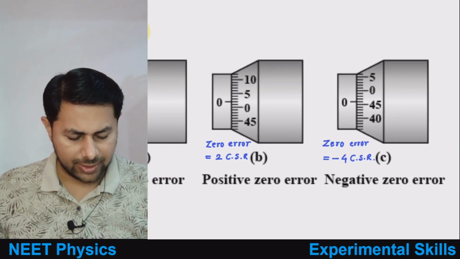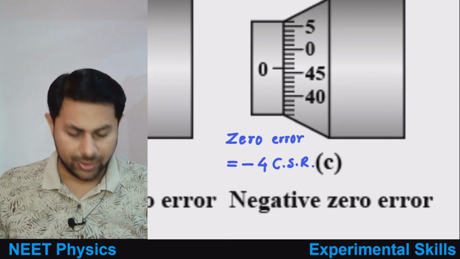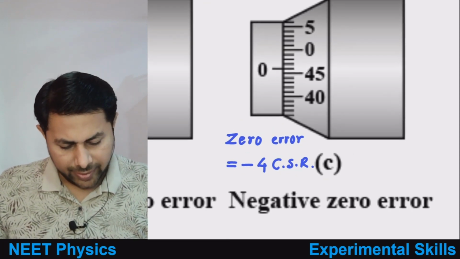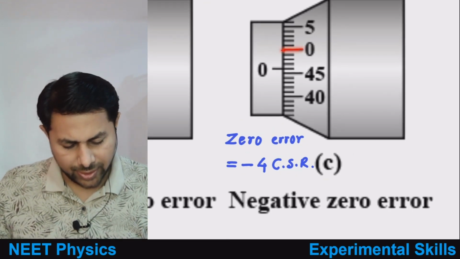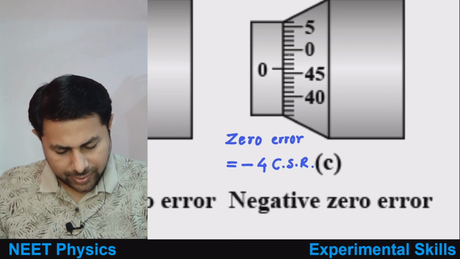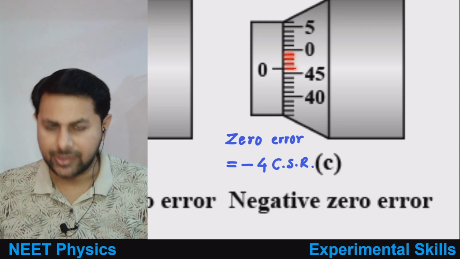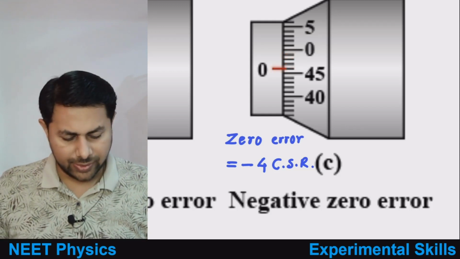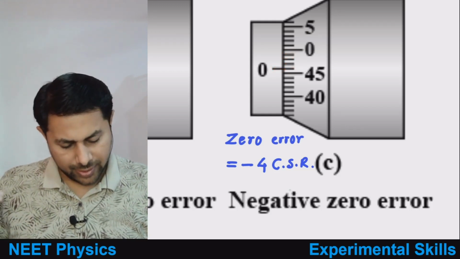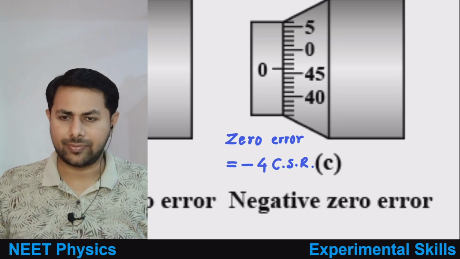And this one is the negative 0 error. Here 0 is over here, and you have 1, 2, 3, 4. The fourth line is matching with the 0, so this is the negative 0 error.